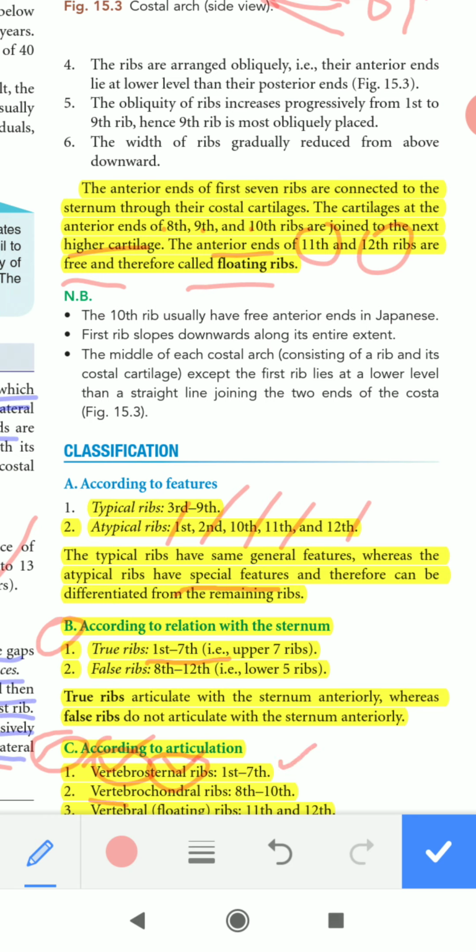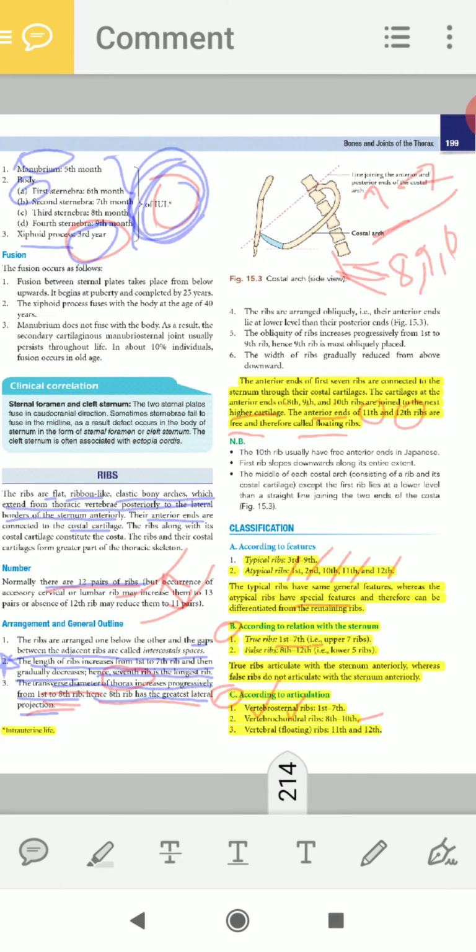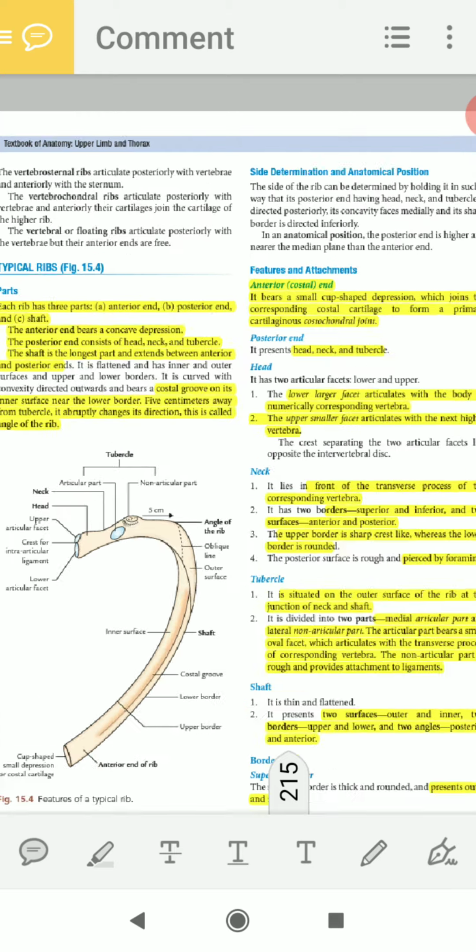Then vertebrochondral ribs, that means 8, 9, 10, these ribs are attached posteriorly with the vertebra and anteriorly with the costal cartilage, not with the sternum. And the last 2, 11 and 12 ribs, are known as floating ribs or vertebral ribs. That means they are only attached to the vertebra and anterior ends are not attached. Anterior ends are free. So these are the classifications of the ribs.